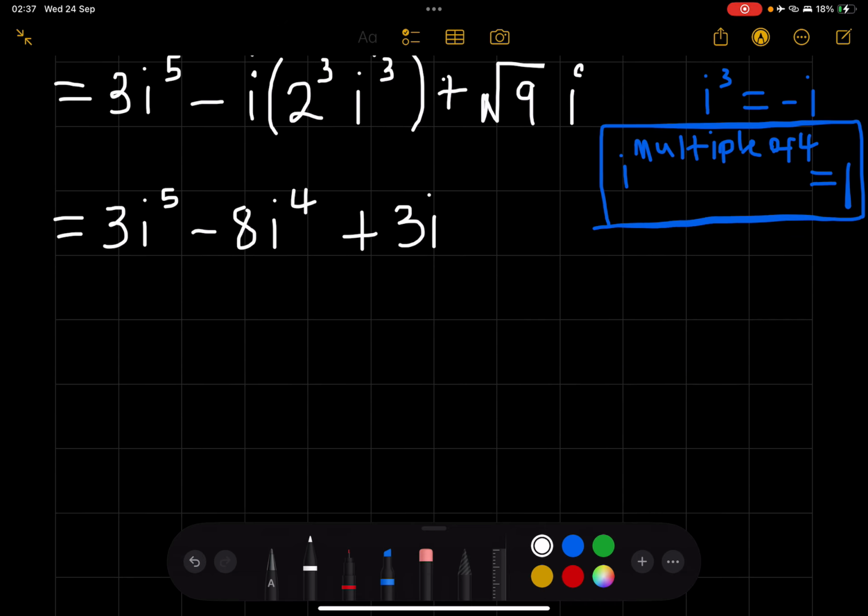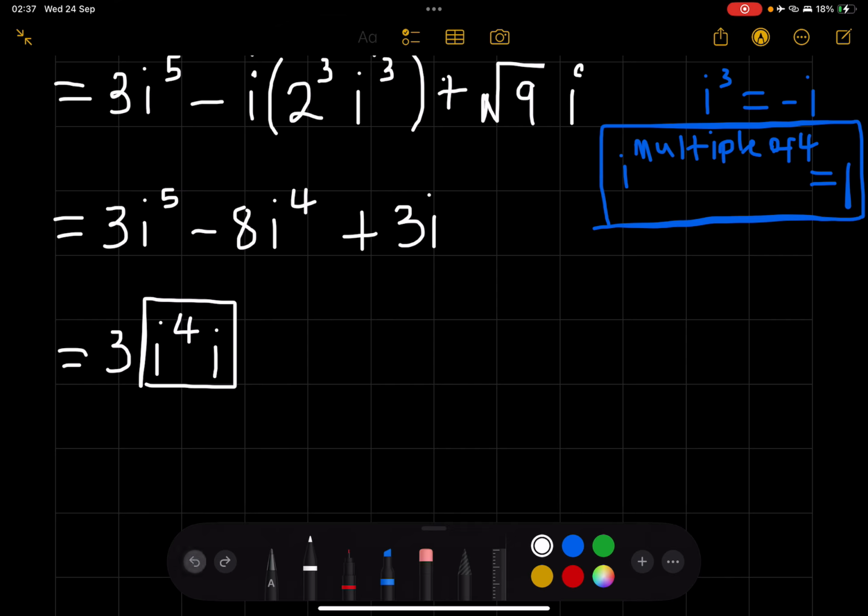So if I have any exponent that is bigger than 4, I'm going to write it in terms of 4 and something. For example, 3 to the power i to the 5, I can write it as i to the power 4 and i. You see? This is still the same as that.